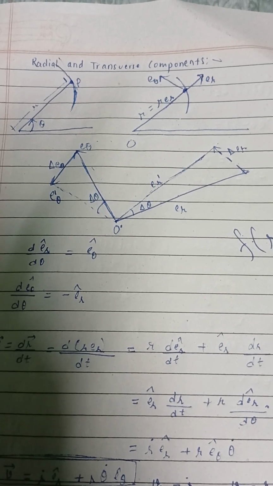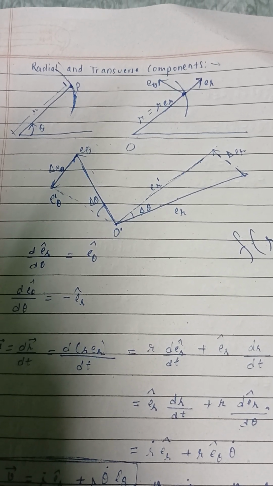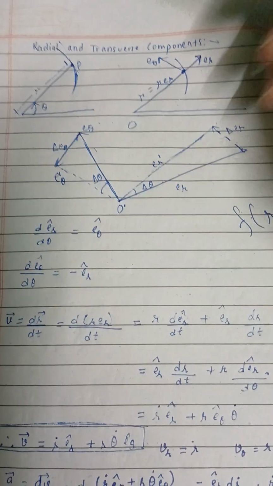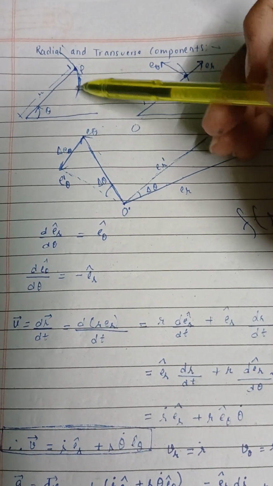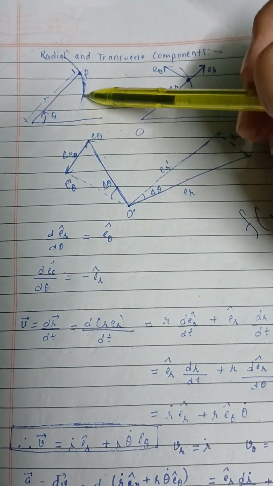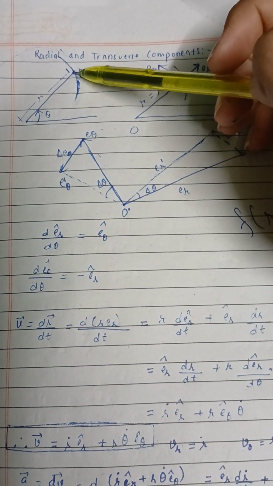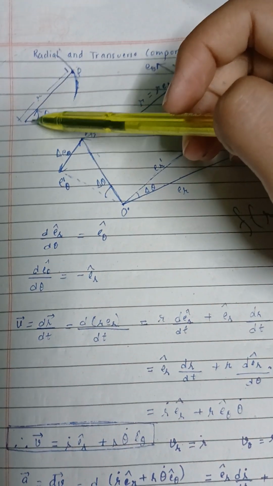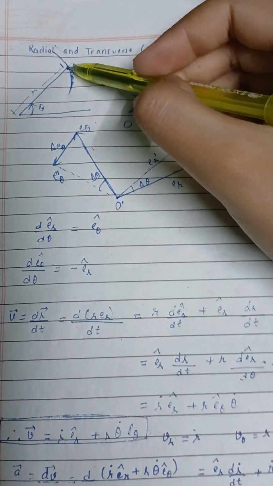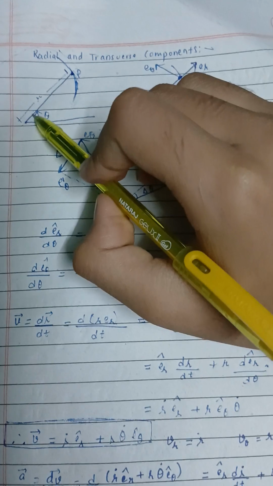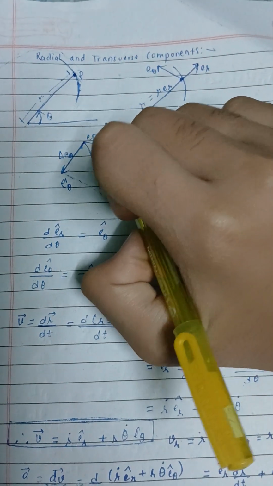Today we will be discussing radial and transverse components of a vector. Let us suppose a body is moving along a curvilinear motion, forming a polar coordinate system. It is at point P for this time instant and has r and theta.